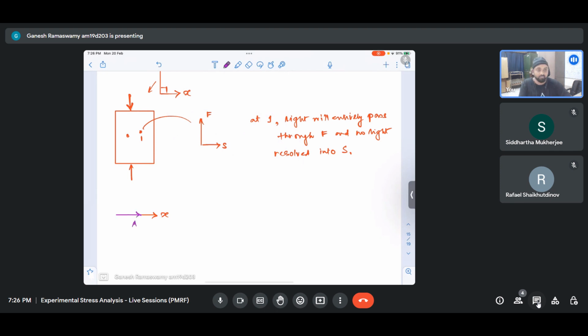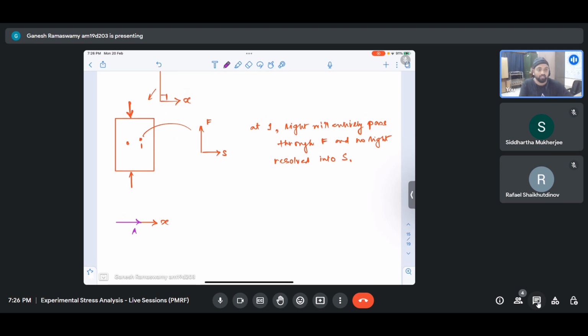This is my analyzer, which is kept perpendicular to my light. So at point 1, what would I see? The entire light that went through the fast axis is totally getting cut through my analyzer because my analyzer is parallel to the slow axis. So these two combine to lead to a dark spot at point 1.